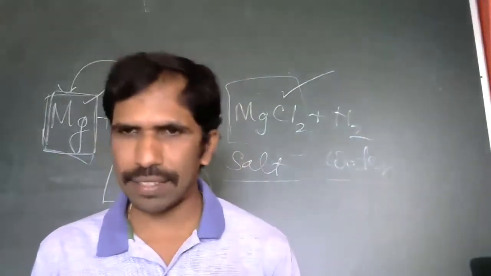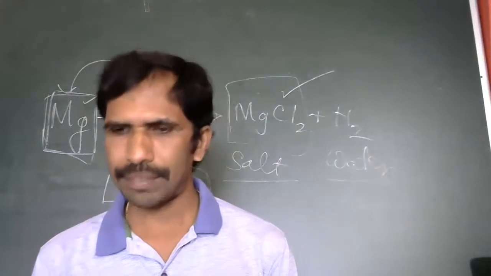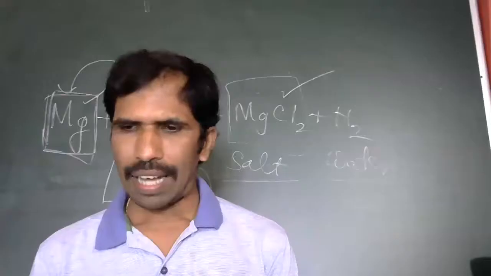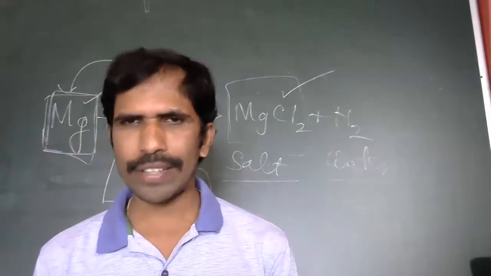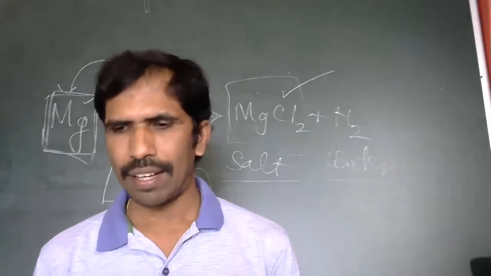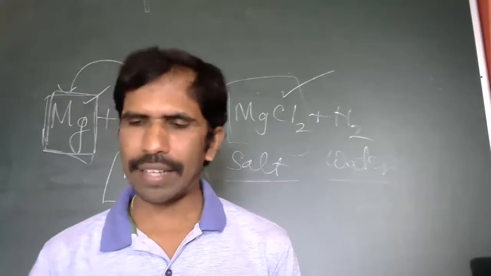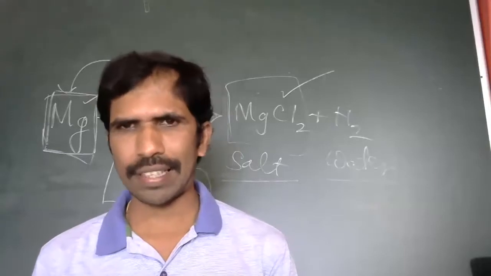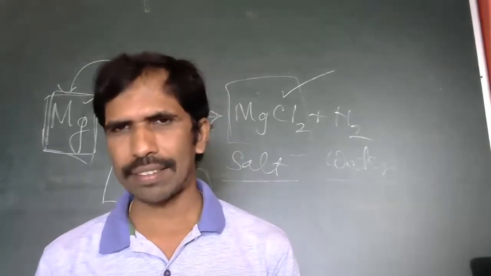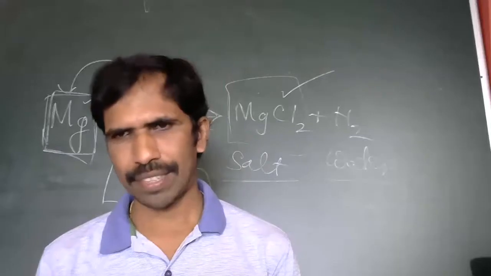They have given an iron stand, and a boiling tube is attached to the iron stand by a clamp. In the test tube they have taken zinc granules, zinc metal, and they have put H2SO4, sulfuric acid, in that.